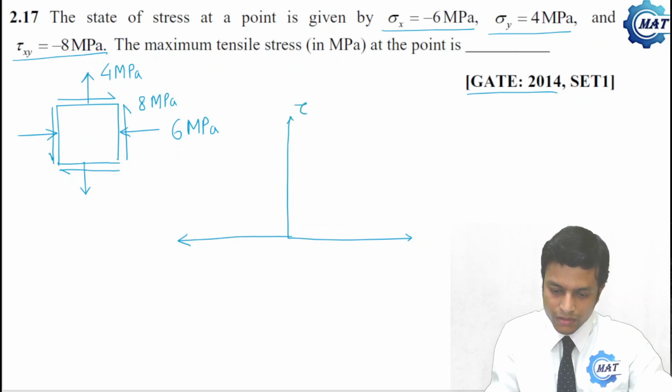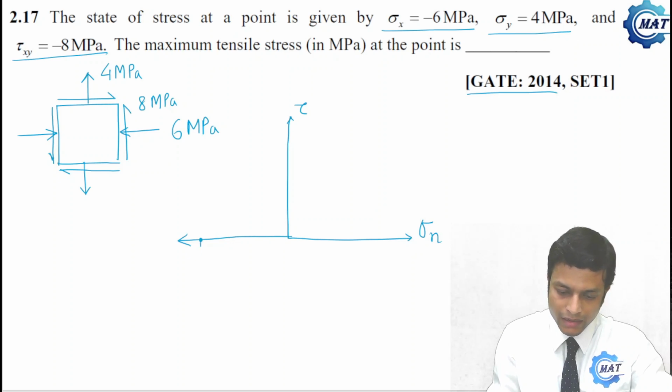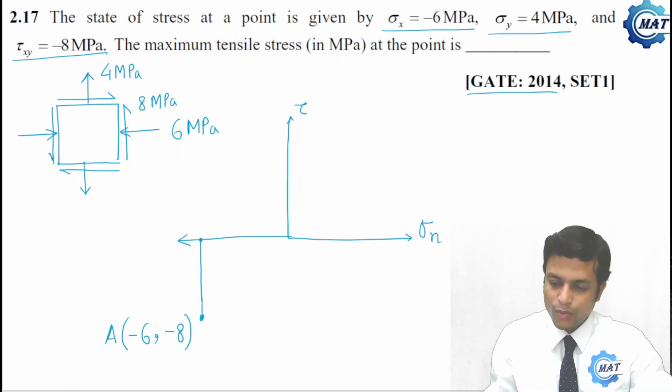So this is tau axis, this is sigma n. First of all, we will plot point A, that is minus 6 comma minus 8. Say this is minus 6 and this is minus 8. So A is minus 6 comma minus 8. Now let me plot point B, that is 4 comma 8.